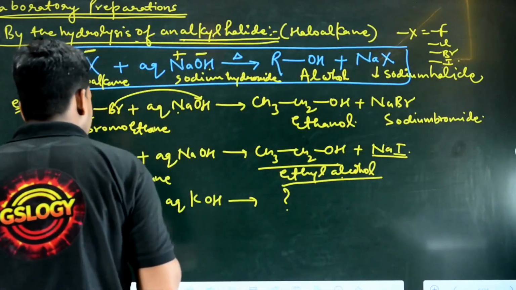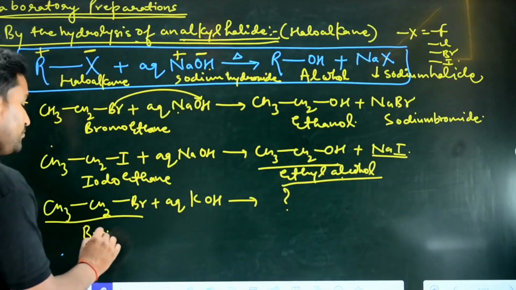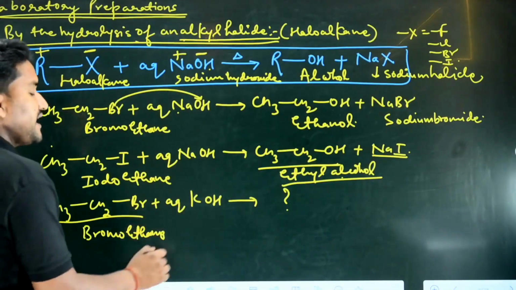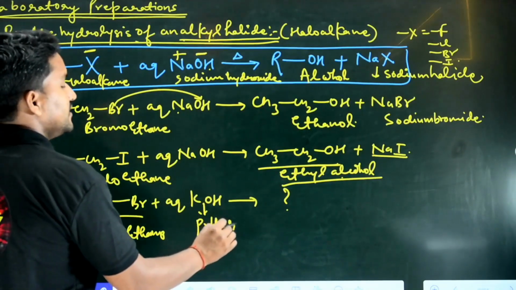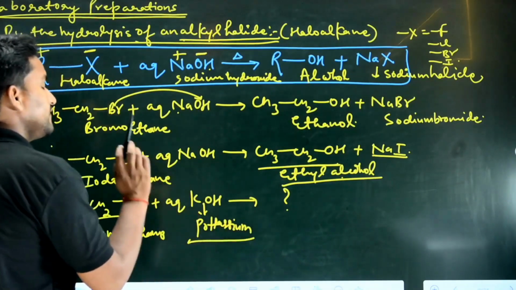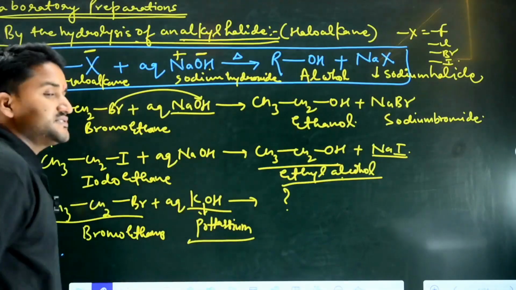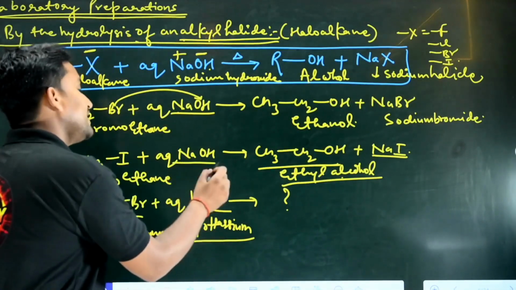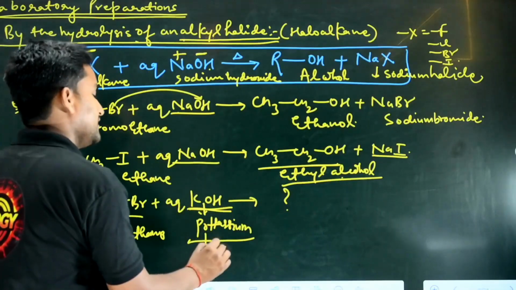Similarly, when bromoethane reacts with potassium hydroxide. You know very well, NaOH is a base and KOH is also a base; it is sodium hydroxide and it is potassium hydroxide.